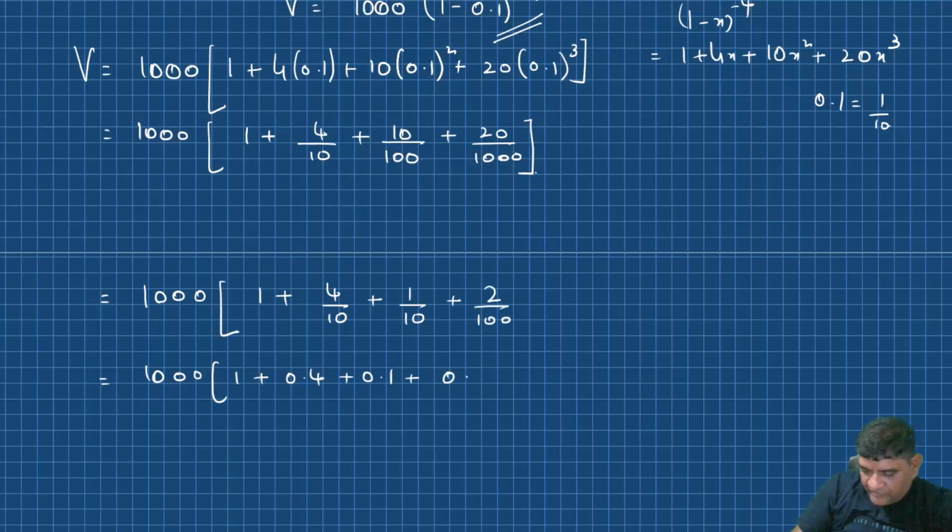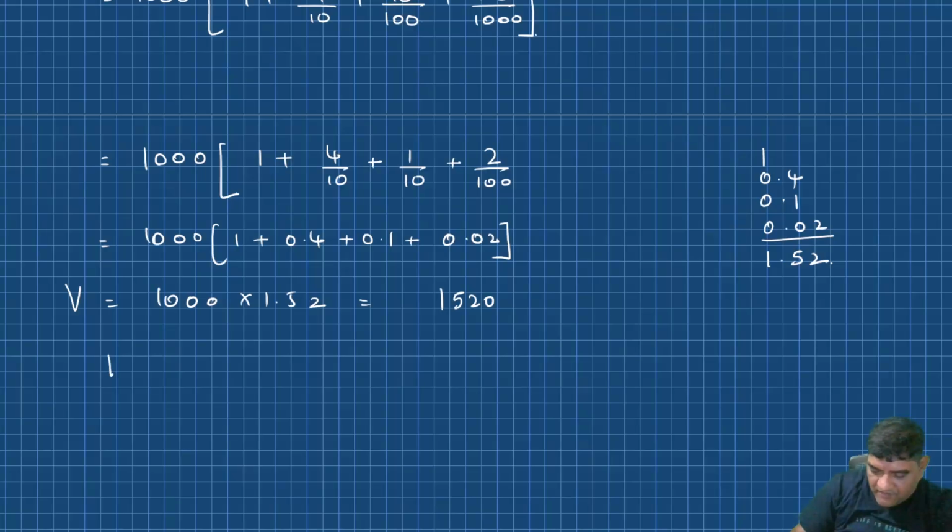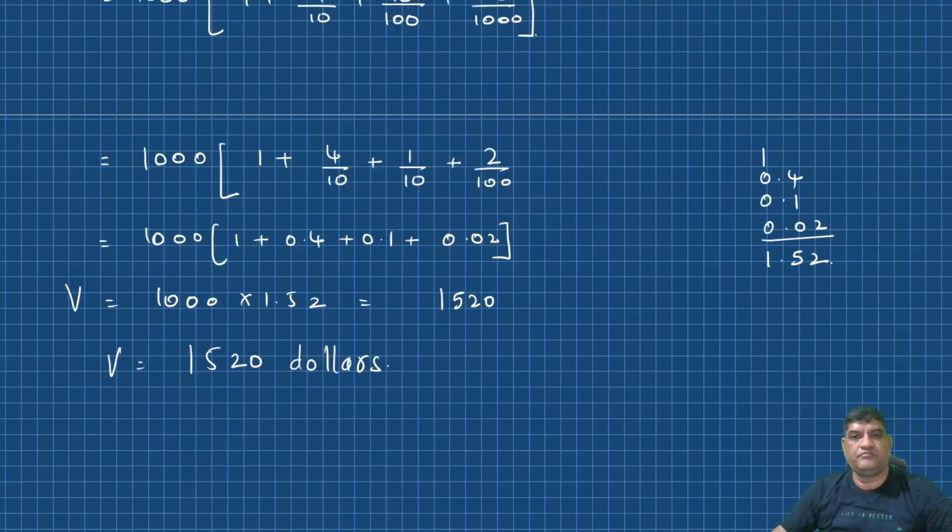That is simply 1000 into 1 plus 0.4 plus 0.1 plus 0.02, which is 1.52. And therefore I remain with 1000 multiplied with 1.52, which is 1520. Therefore I can conclude that the initial value of the car was $1,520.